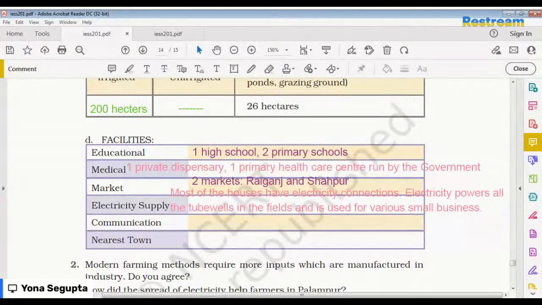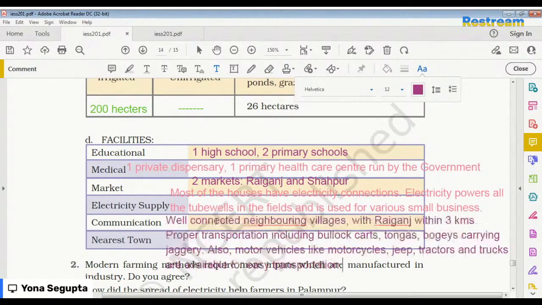Proper transportation including bullock carts, tongas, bogies carrying jaggery, also motor vehicles like motorcycles, jeeps, tractors, and trucks are available for easy transportation. Okay, this is the answer.